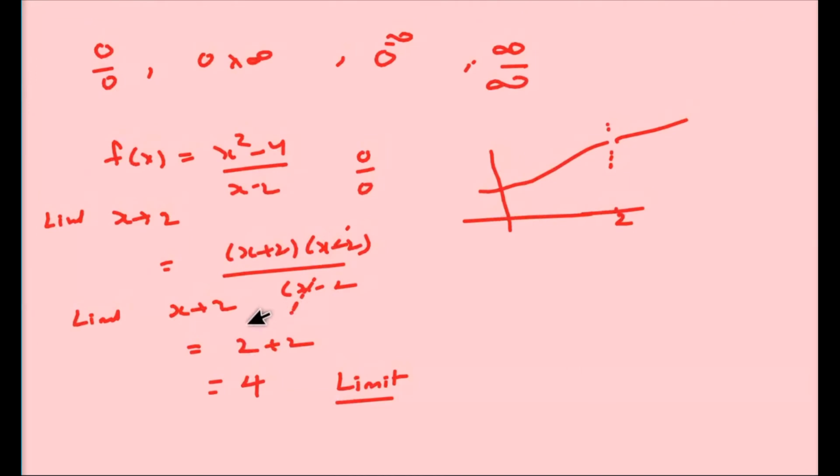So if we don't want to factorize it, we want to calculate it. So how can we calculate? x square minus 4 upon x minus 2, x tends towards 2.